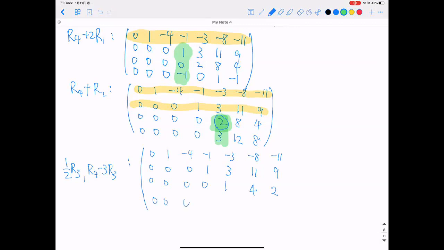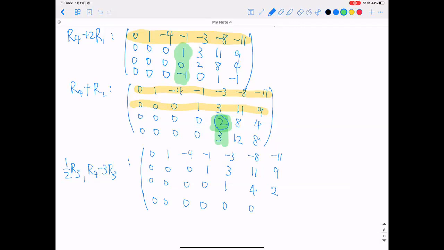I take R4 and subtract 3 copies of R3. 3 copies will make this 3, and that's canceling this 3. So 0 here. 3 times 4 is 12, canceling with this 12. 3 times 2 is 6.